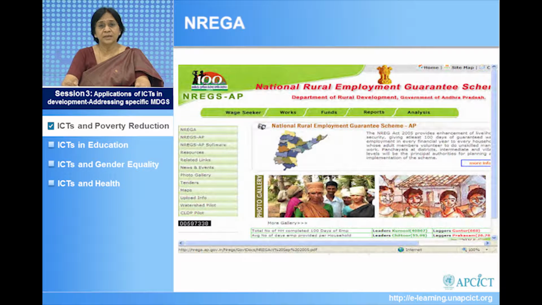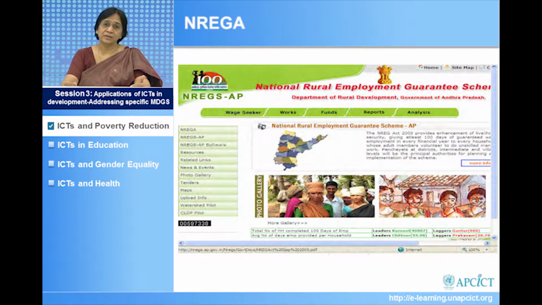Meanwhile, sitting in the secretariat, the government official is able to monitor on a day-to-day basis whether the scheme is progressing, whether the work is being done, whether the poor are being employed, for how many days they are being employed, and to effectively monitor the program.